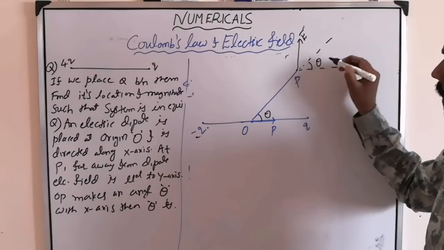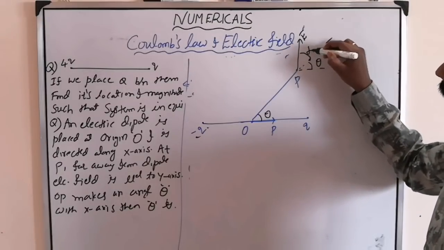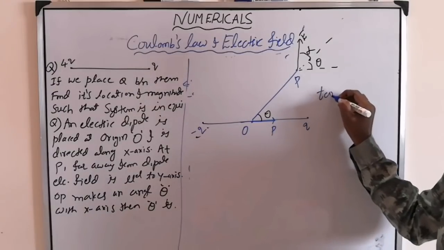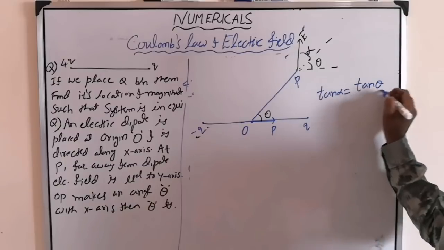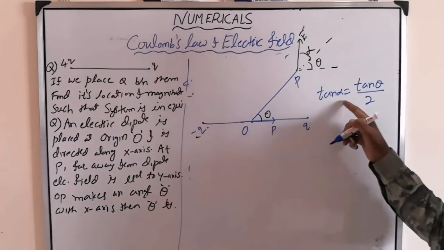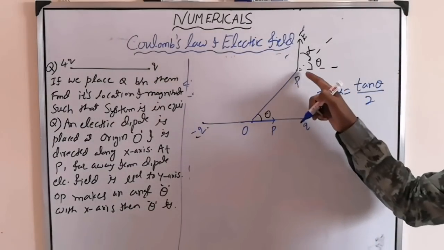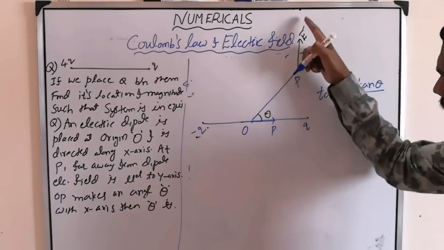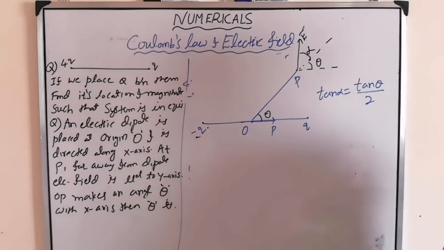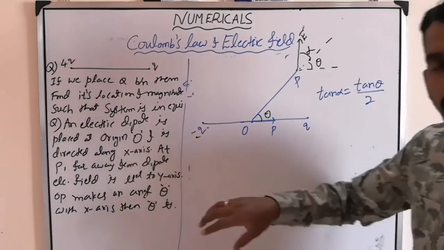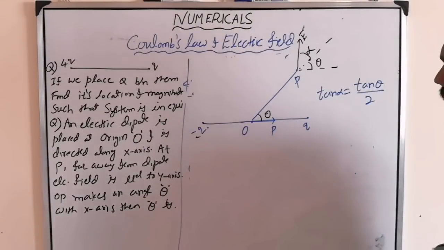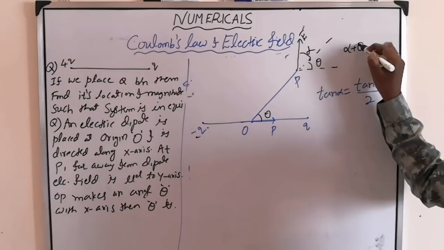If this is theta, then this is alpha. Now what is the relation I have given just now? Tan alpha equals tan theta by 2. And they are asking the theta value. But here alpha and theta are there. If you observe, this is the x-axis and the resultant field is along the y-axis. So what should this angle become? 90 degrees. According to the given question, you should understand that alpha plus theta is 90. If you understand that, then the solution will become easy.